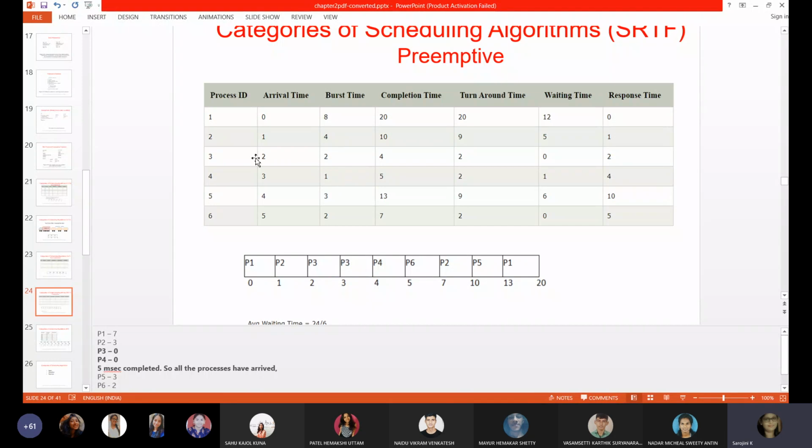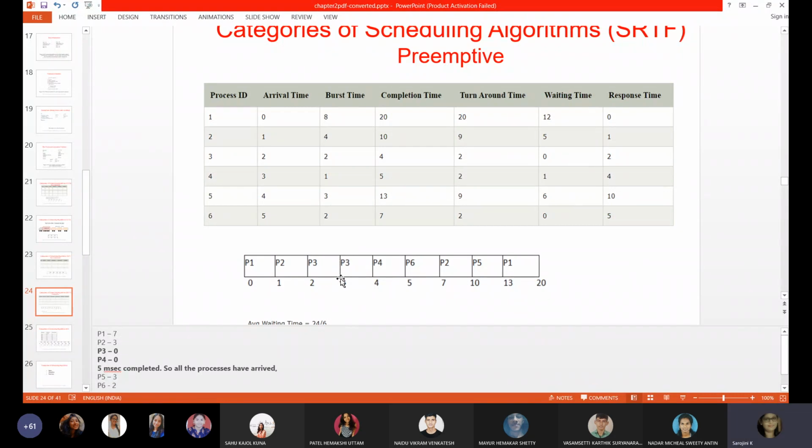Only process P3 will be selected, because P3 arrived before P4. FCFS gives preference based on arrival time. So process P3 is selected again. Of course, it is already in the CPU, so it will continue the execution. That's why I put P3 two times here.